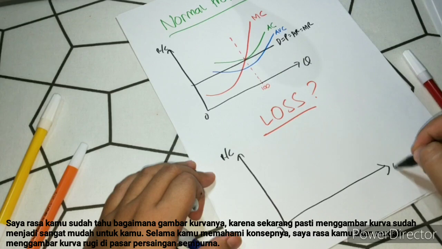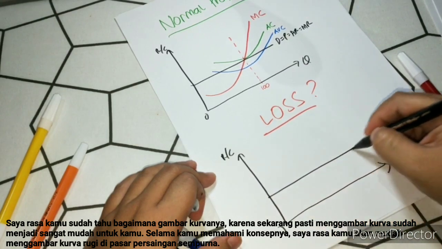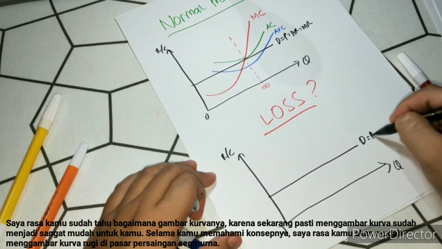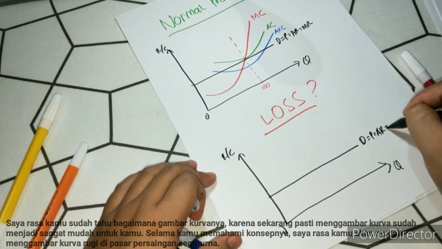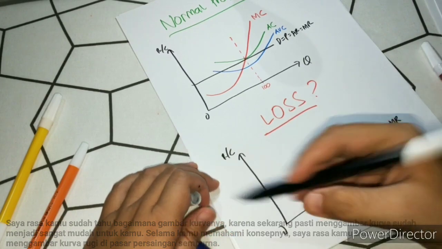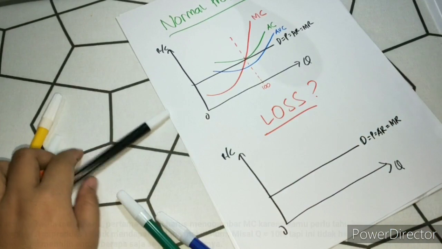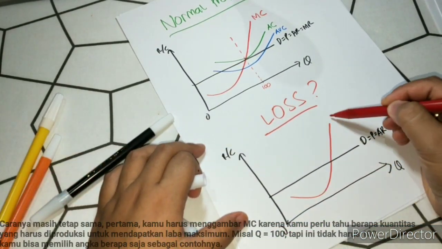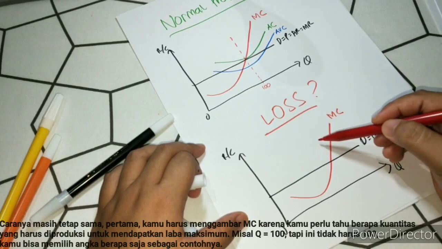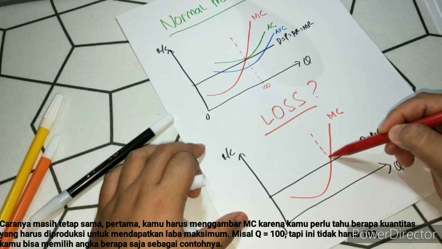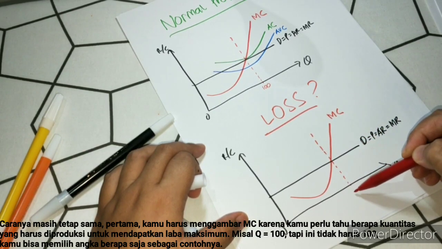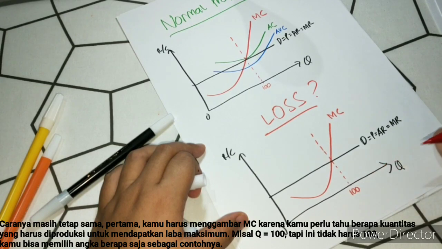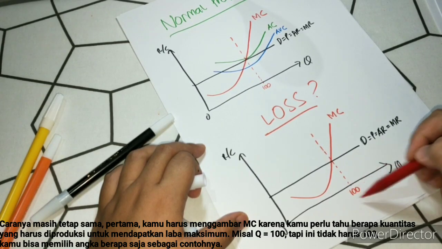As long as you understand the concept, it will be easy to draw the loss in a perfect competition market. The way is still the same. First you draw the marginal cost, because you need to know the maximum profit will happen if you produce this one, let's say 100. It doesn't have to be 100.